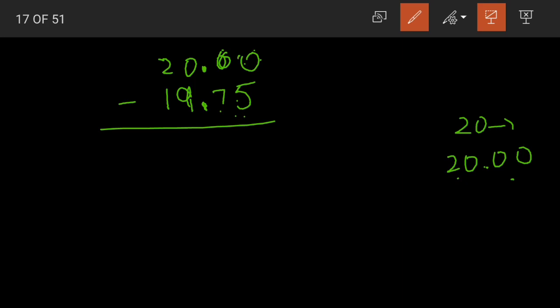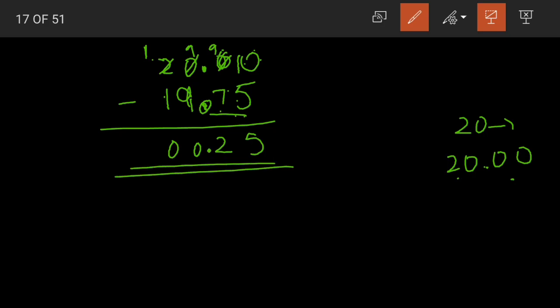Yes, children, this will become 10, 9, 9 and 2 becomes 2 minus 1, 1. Now we can subtract. 10 minus 5, 5. 9 minus 7, 2. 9 minus 9, 0. 1 minus 1, 0. And where to keep the point here? See, after 2 digits, we'll keep the point.